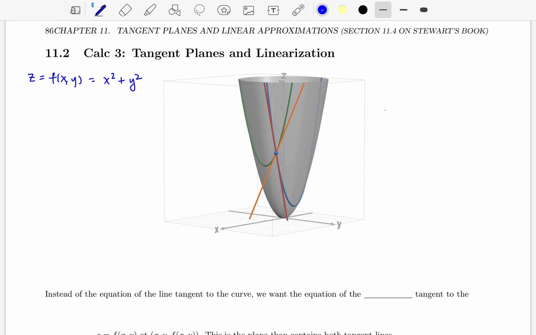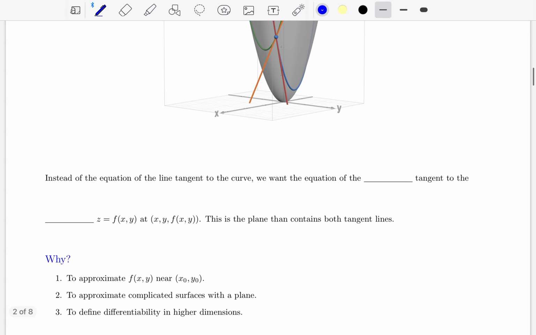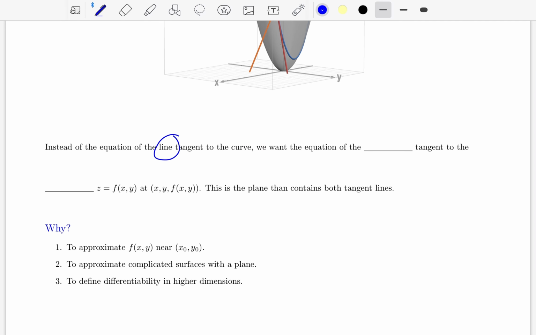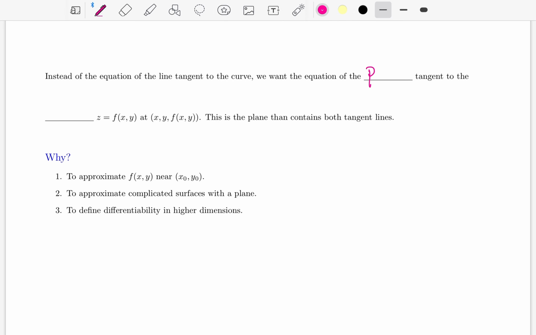So now instead of the equation of the tangent line to the curve, now it's no longer a curve, now it's a surface, and it's no longer a line, now we have a plane. We want the equation of the plane tangent to the surface at a given point, and this plane contains both of the tangent lines.